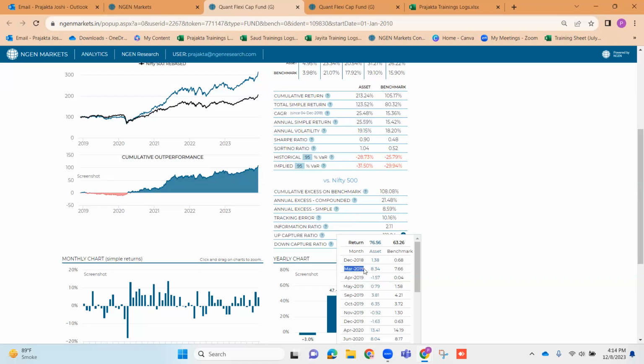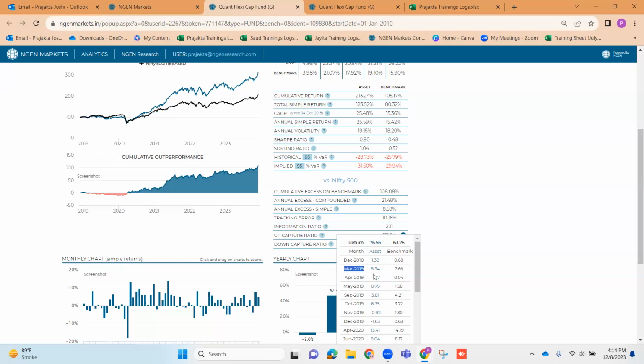Why is that so? Because in the up capture ratio we are going to capture only those months when the benchmark gave positive returns, right? Irrespective of whether the portfolio or this fund gave a negative return or not, that is not our concern here. We are just concerned that the benchmark gave positive returns, and that is why we call it a bull run, right?